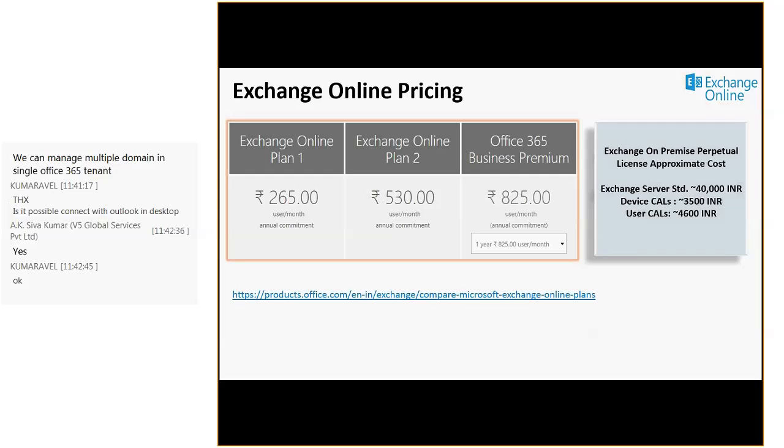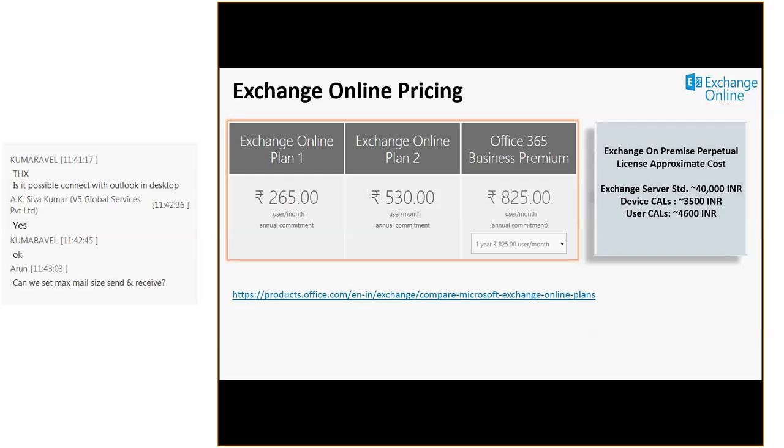And after all the CALs and all the device CALs, user CALs, and the license, we also have to consider the operating system on which the Exchange is going to be installed. The operating system itself has its own price. It itself has its own set of CALs to buy.